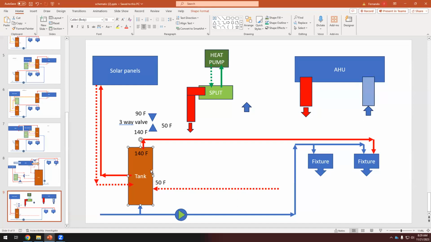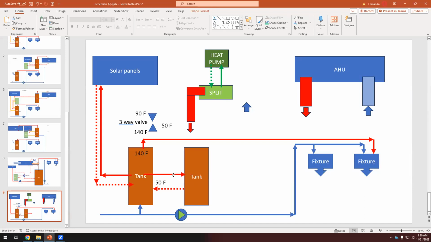Okay, so I'm going to copy this tank. There should be a connection between the two tanks, like this. And this is an electric water heater.